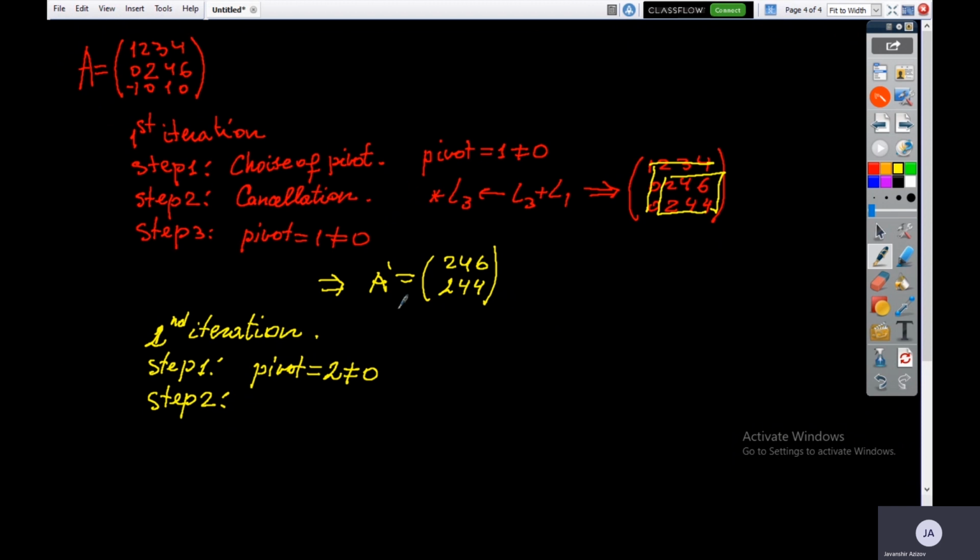In this step, we take this matrix, this is our input, and we cancel the first element of the second row. In order to do this, we use this elementary operation: instead of L2, we write L2 minus L1.